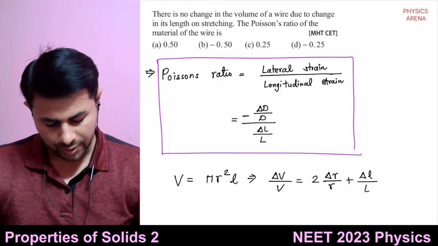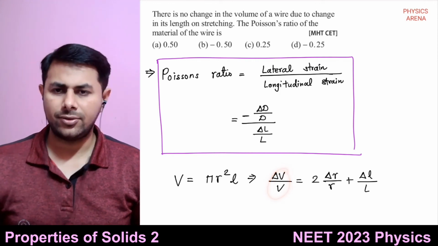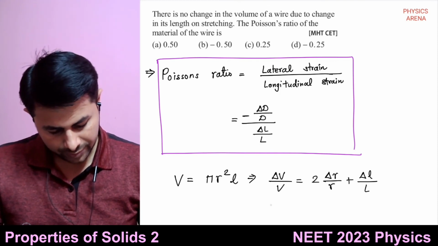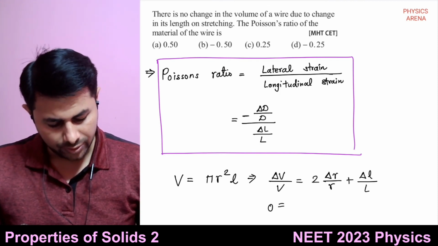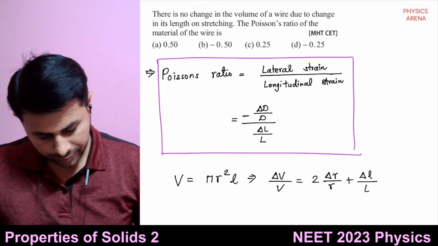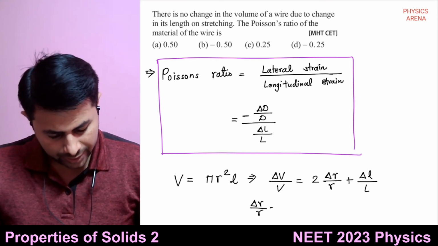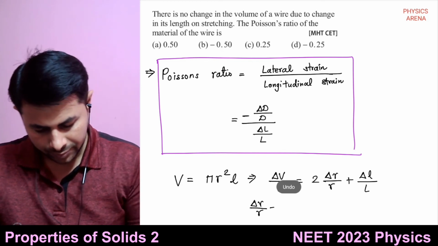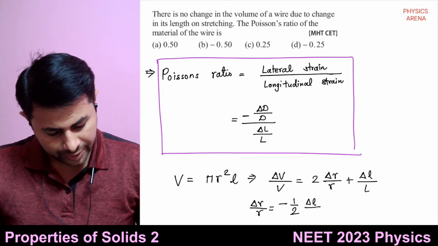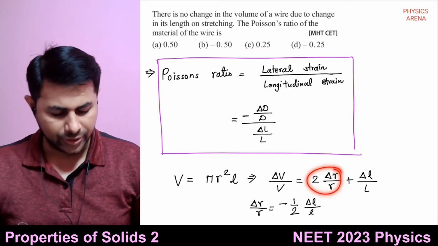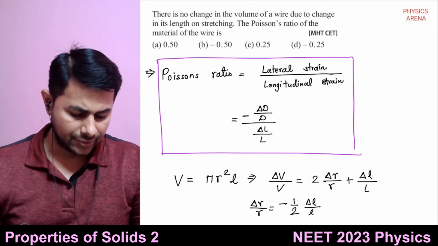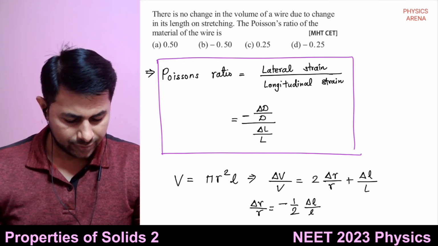Okay, and delta V upon V is 0. This is given, there is no change in volume. So what we can say is, okay, 0 is equal to 2 times delta R upon R plus delta L upon L, or delta R upon R is equal to minus half of delta L divided by L, because if you take this on left hand side, it will be 2 times delta R upon R equals to delta L upon L, right?